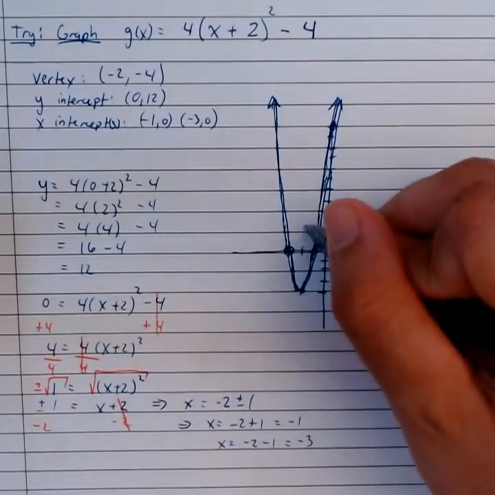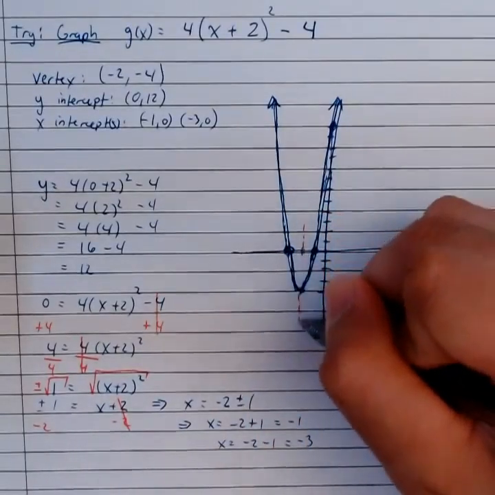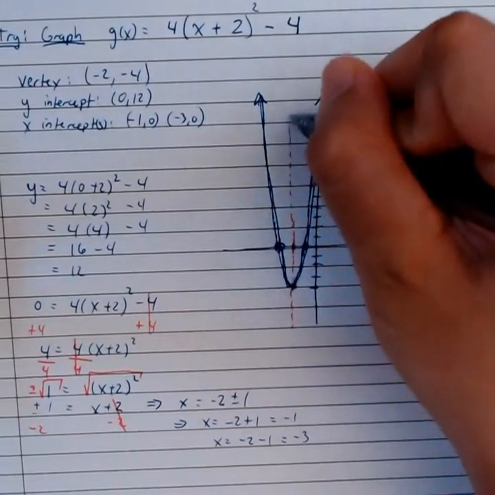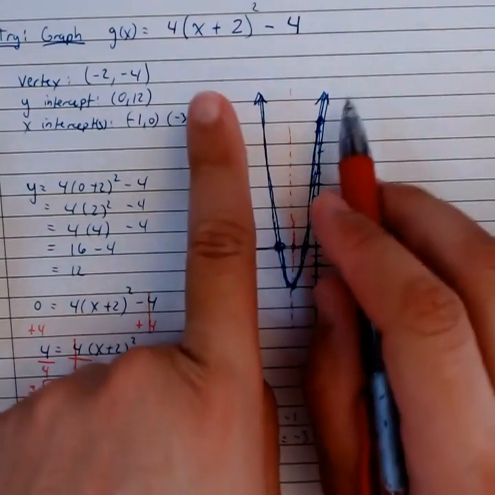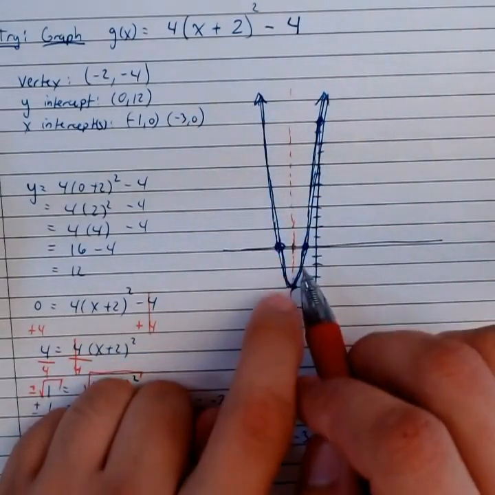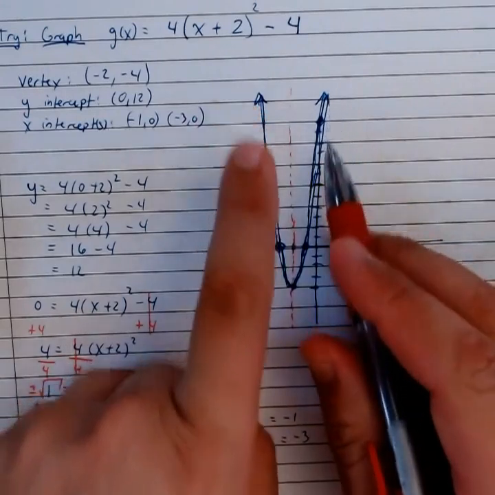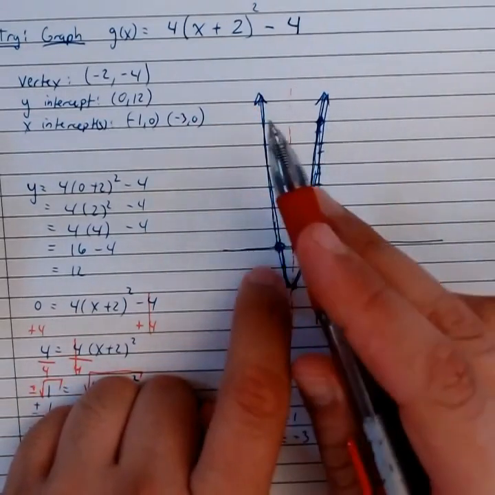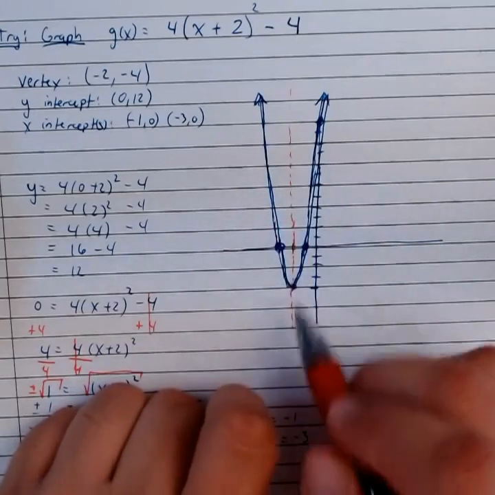Visually, what that means is, if here's your vertex, pass a vertical line through it, and that will cut your parabola in half. Right? Here, you can fairly clearly see that even though my drawing is maybe not great, it does appear that this side is a reflection of this side over this straight line.